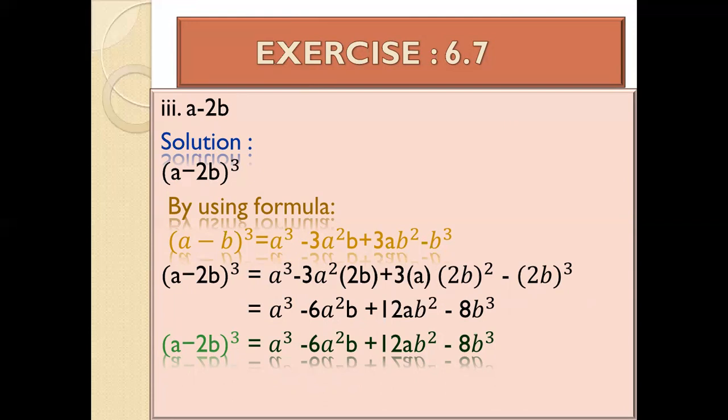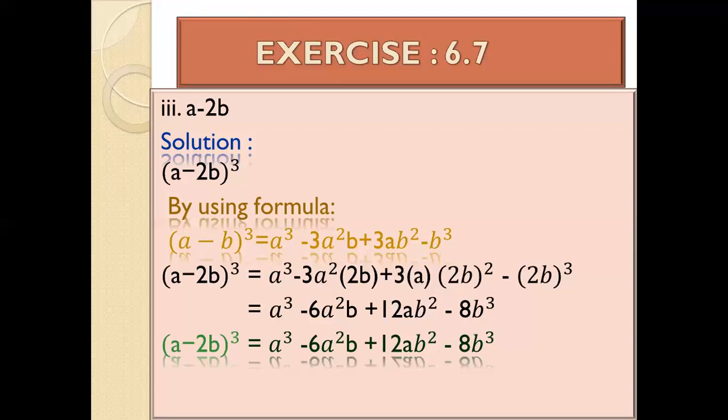According to the question, a is the same a and b is 2b. Put the values in the formula. a cube minus 3a square, instead of b I put 2b, plus 3a into 2b whole square, minus 2b whole cube. When we open the brackets: a cube minus 3 2s are 6, 6a square b, plus, first we open the square of 2 and then multiply it with 3.